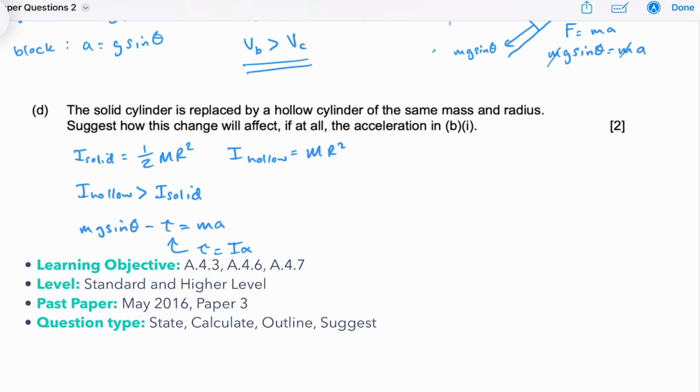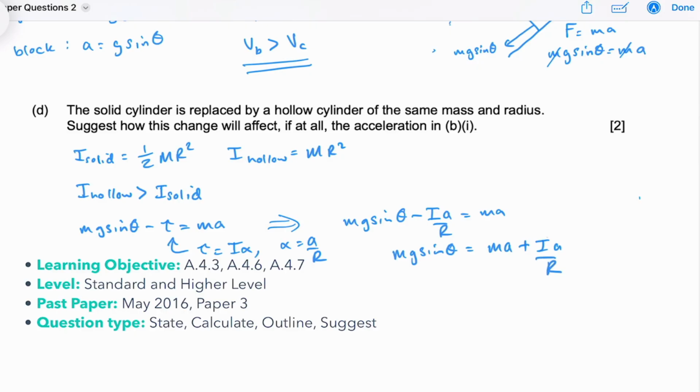Okay, there's I. We also had this relationship. So let's rewrite that. mg sine theta minus moment of inertia times a over r equals ma. mg sine theta equals ma plus moment of inertia times a over r.